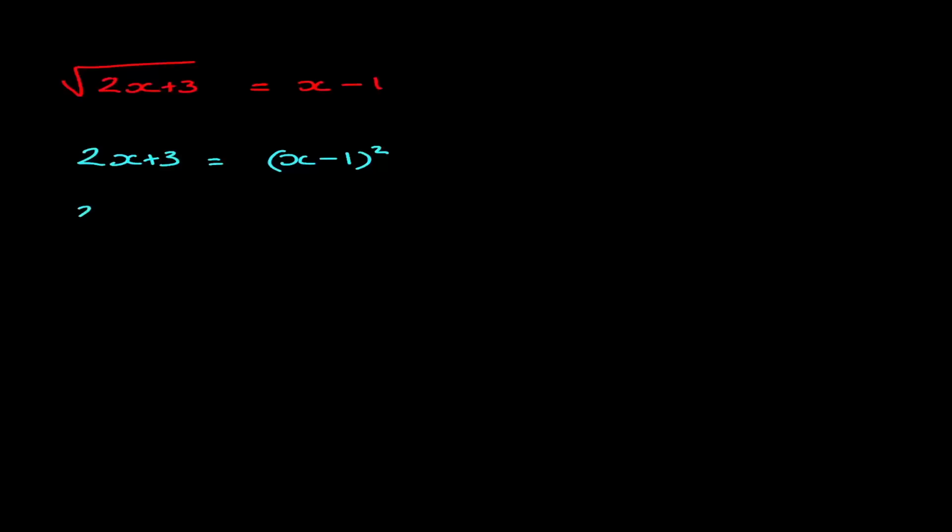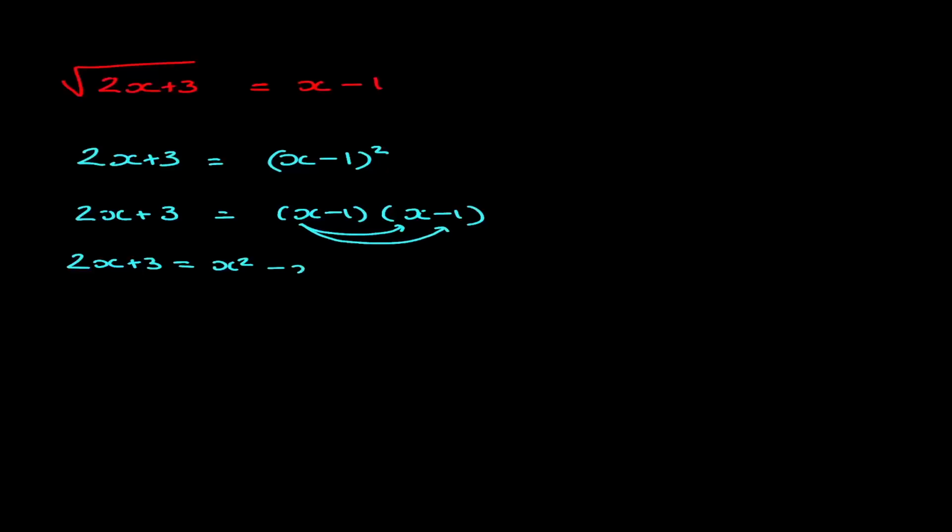Okay, so let's expand the right-hand side. Left-hand side is still 2x plus 3, and if you have x minus 1 squared, it basically means x minus 1, x minus 1. If we expand that, you have to use FOIL, so you do that times that first, which is x squared, then that times that, which is negative x, that times that, which is negative x, and then that times that, which is, be careful of the signs over here, negative 1 times negative 1 is positive 1.